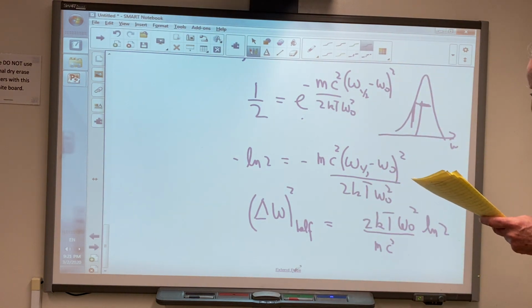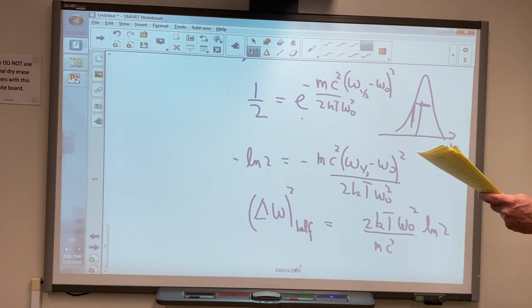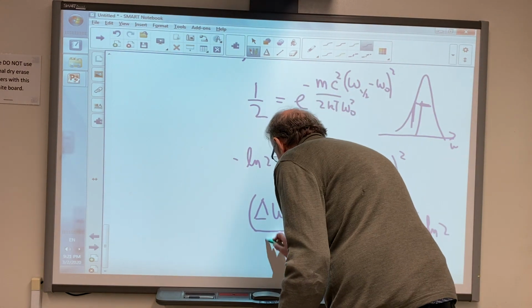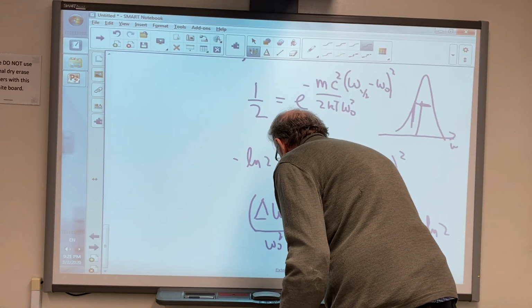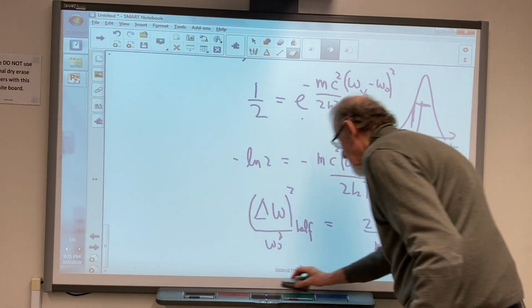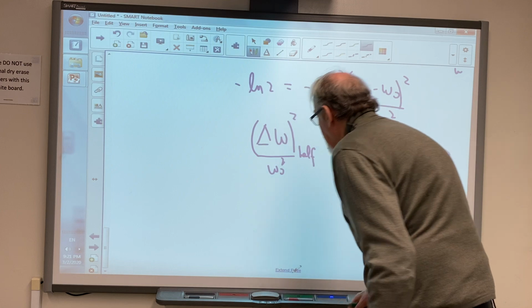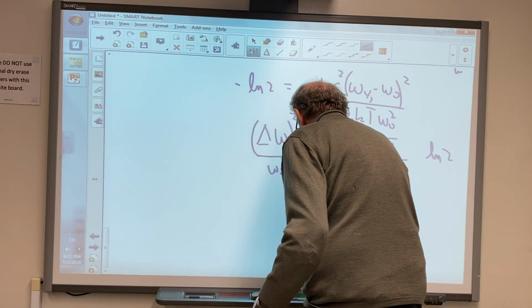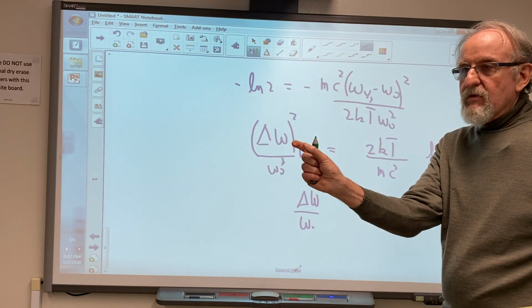All this number, 2kT omega squared over mc squared, that's the delta omega. If you want, divide by omega 0 squared and take the square root, and you get the fractional half peak, delta omega over omega, the relative width of the peak.